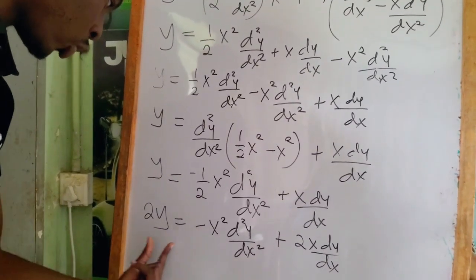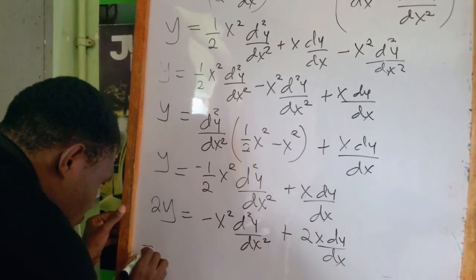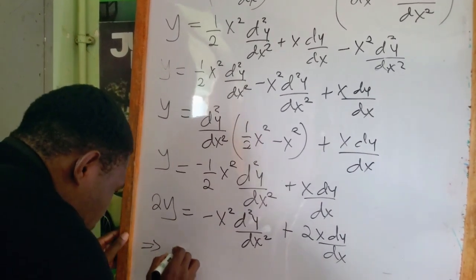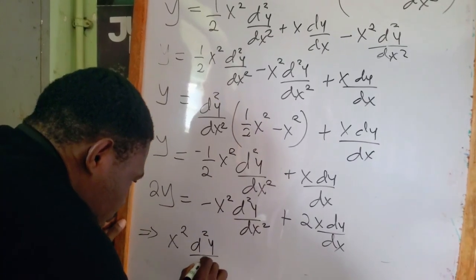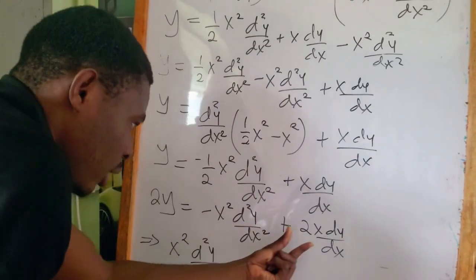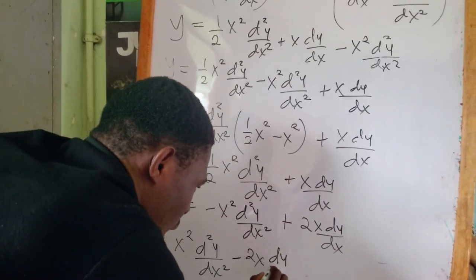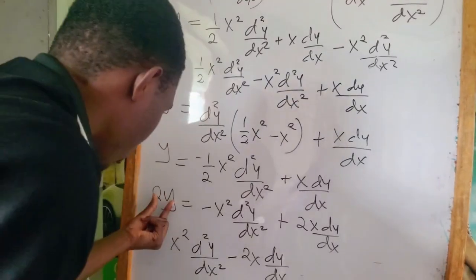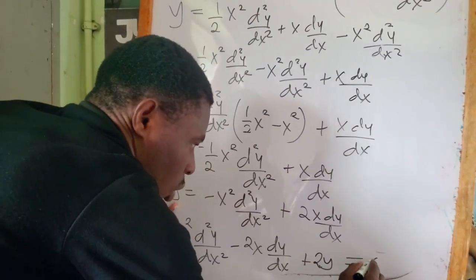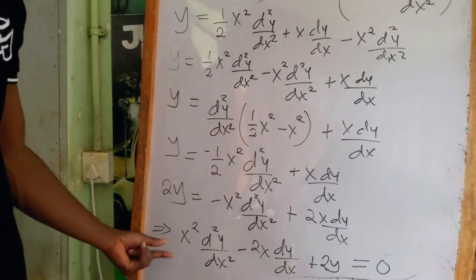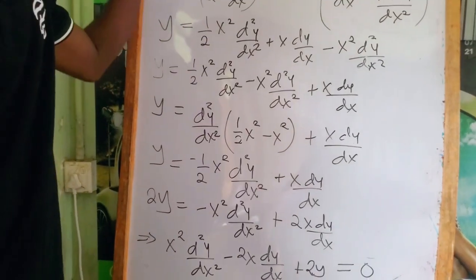So when this crosses the equality sign, I'll put it first. This implies x squared d²y/dx² minus 2x dy/dx plus 2y equals 0. This is the solution to this equation.